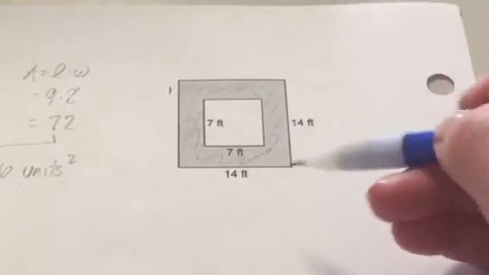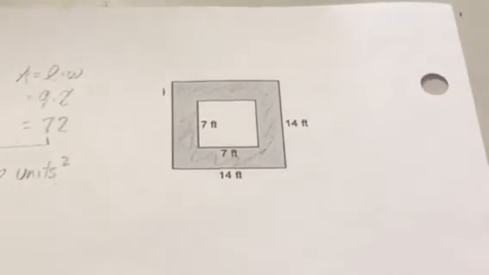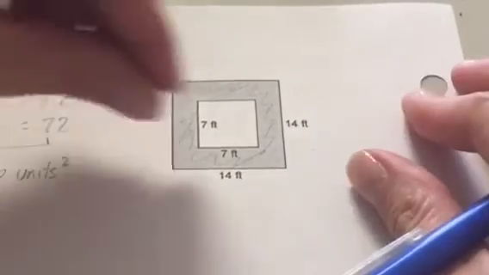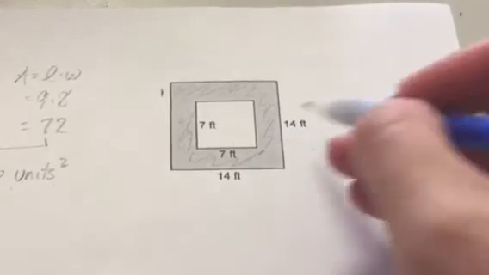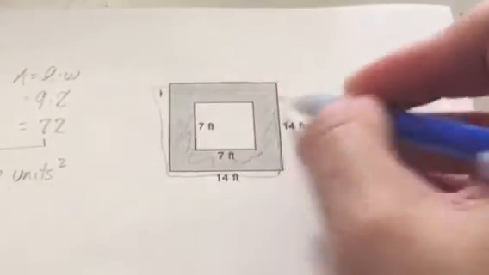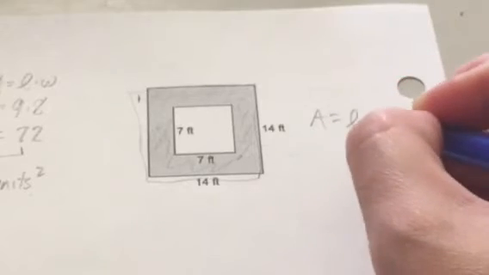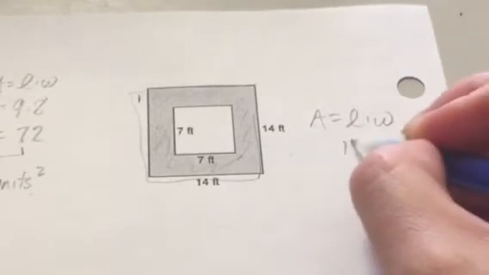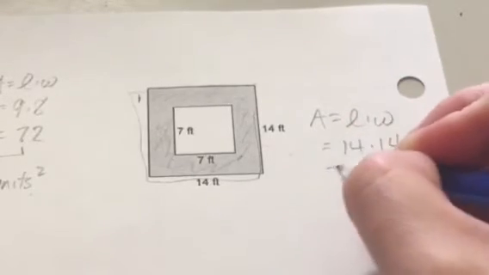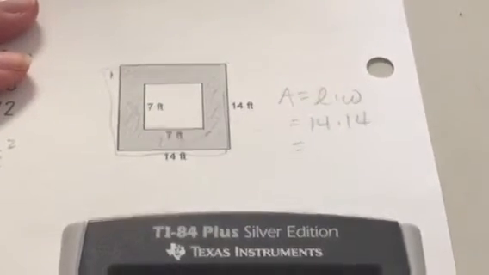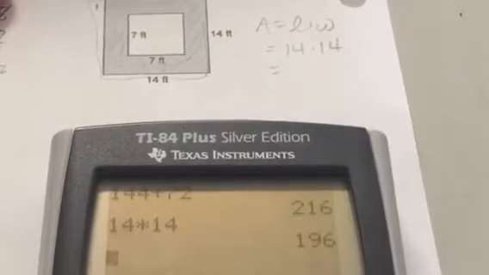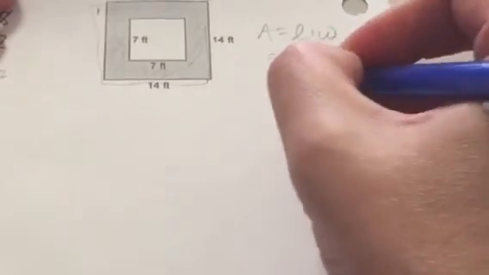So in order to do that, we would have to find the area of both squares, and then we're going to subtract out the square that's on the inside. So the area of this big square would be length times width, and both sides would be 14 times 14. So if I multiply those together, I would get 196. So that's for the larger square.